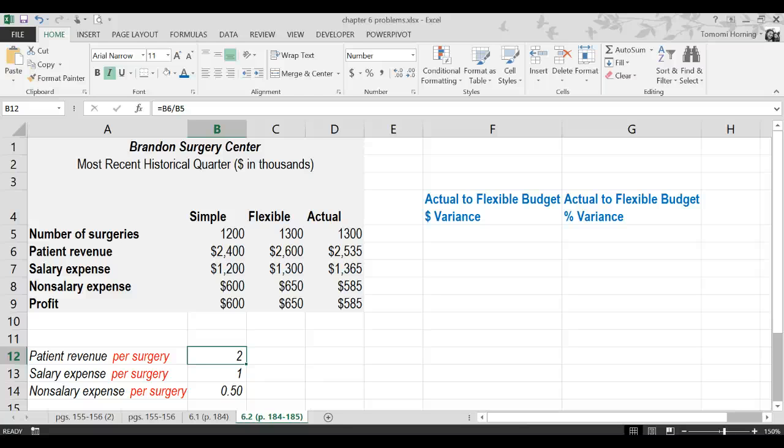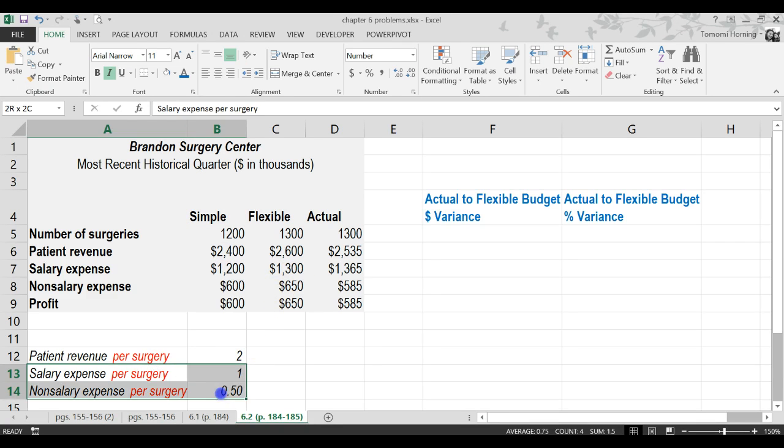And how you calculate that, double clicking in this cell, you take the patient revenue divided by the number of surgeries, which gives you patient revenue per surgery. So again, you're taking the 2.4 million divided by the 1,200 surgeries, and you get a value of 2, or $2,000 of patient revenue per surgery.